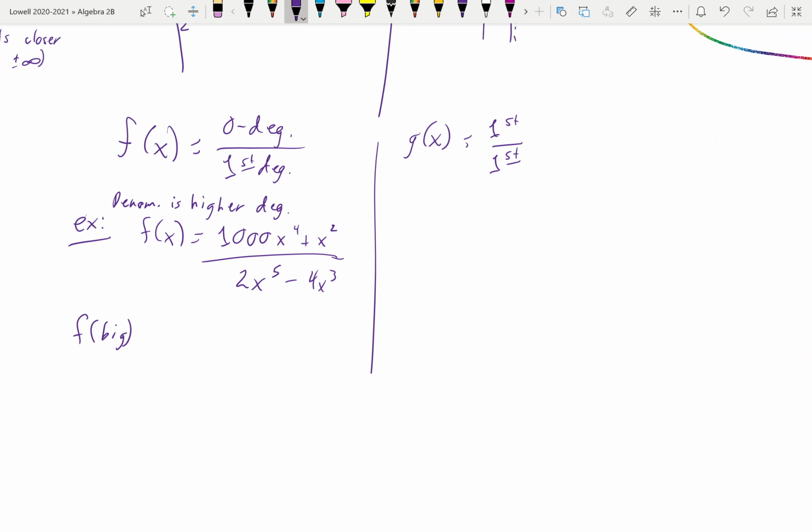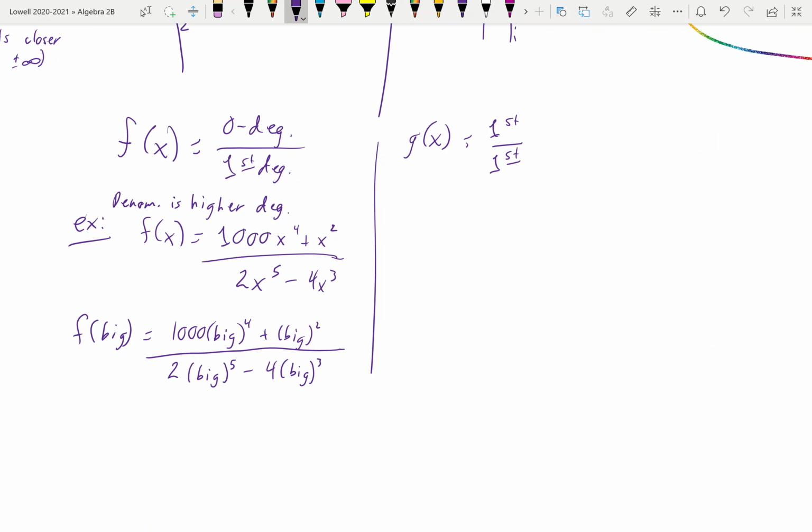In a sense, the coefficient doesn't mean much. So what's happening here is you have 1,000 times a big number to the fourth plus a big number squared, all over 2 times a big number to the fifth minus a big number cubed.